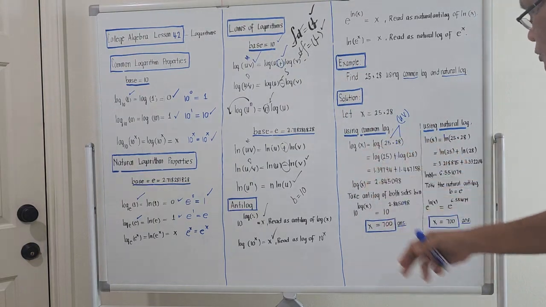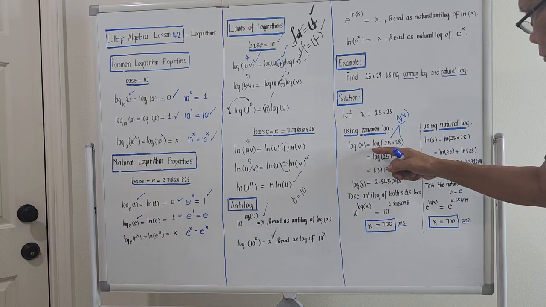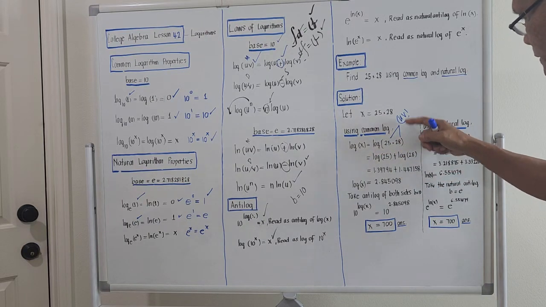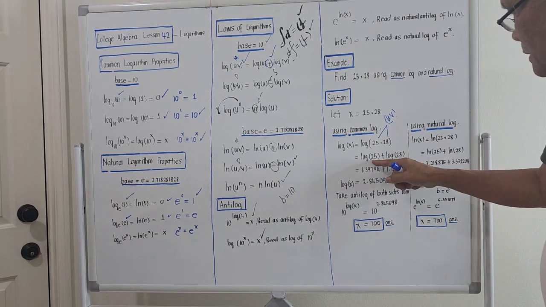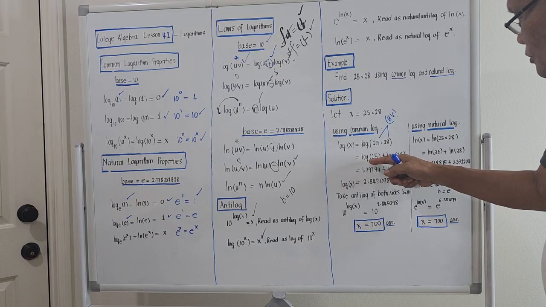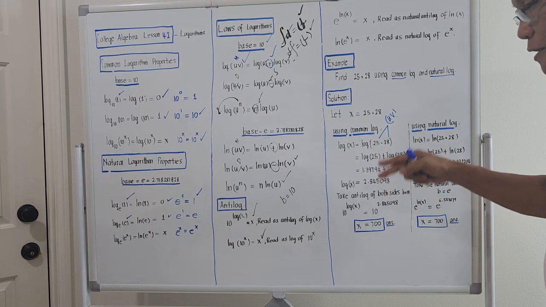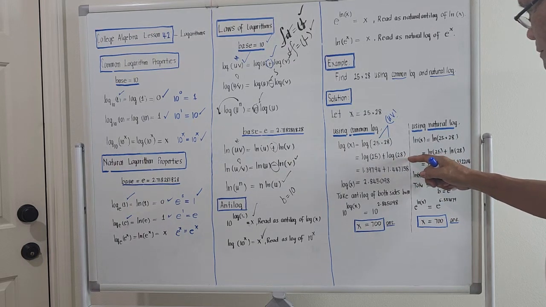So simplifying this one, the logarithm of x now will be equal to, if we expand this product, the common logarithm of 25, the first one, plus the common logarithm of 28.